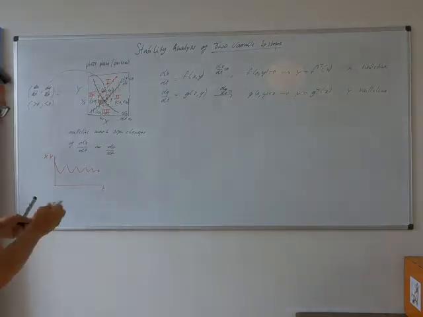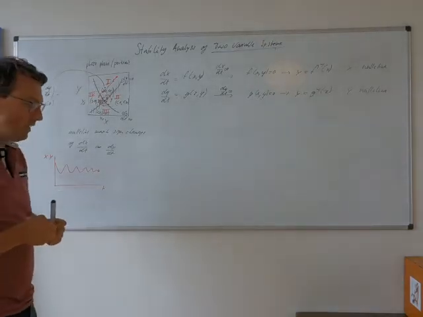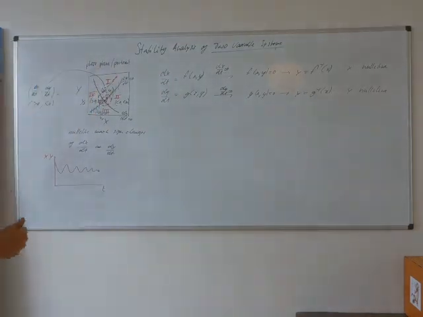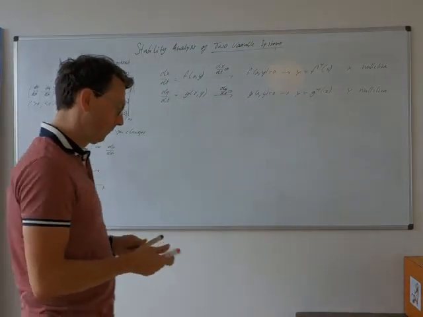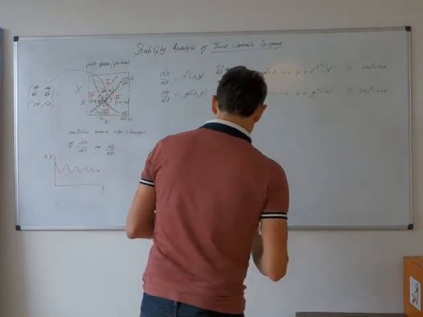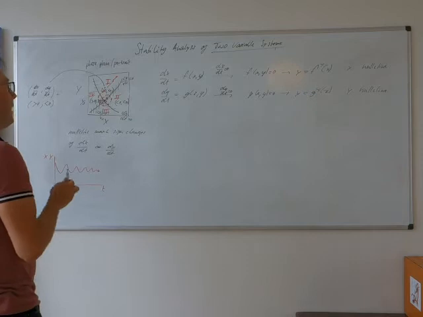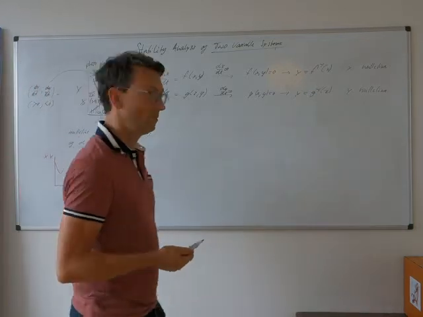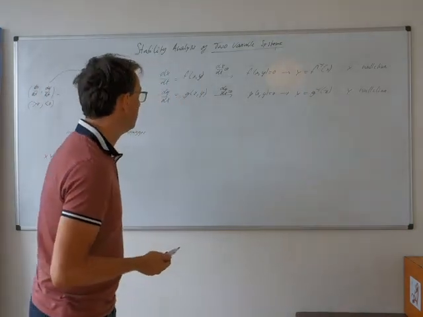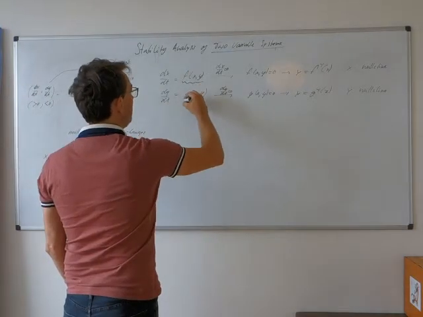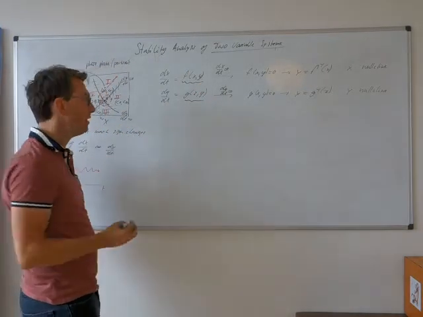Okay, now if you look at the arrows close to the steady state, they may point away from it and it's unstable, and they may point towards it and then they're stable. But why the stability or the instability occurs close to the steady state has to do with the behavior of f and g around the steady state, right?